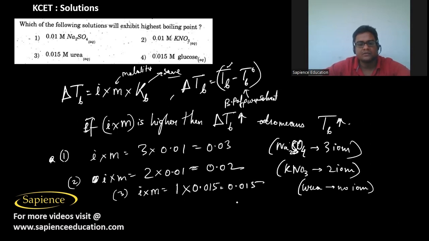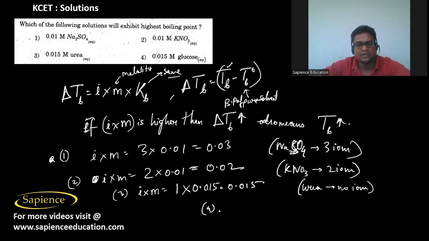For the fourth one, it is 0.015 molar glucose. Glucose also gives no ions, so i is 1 and the molality is 0.015.